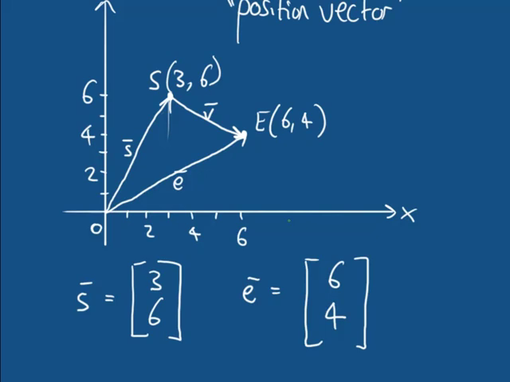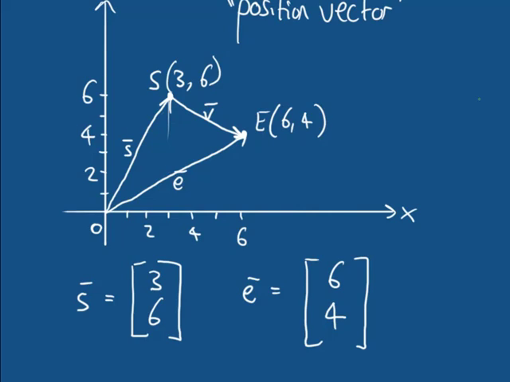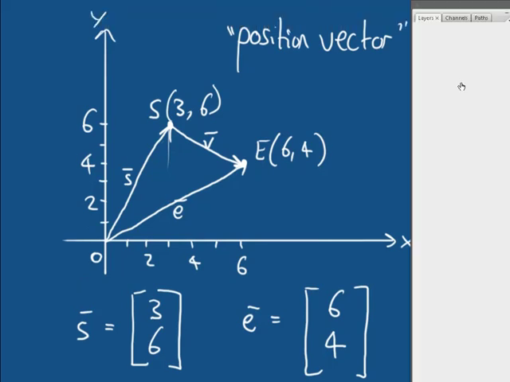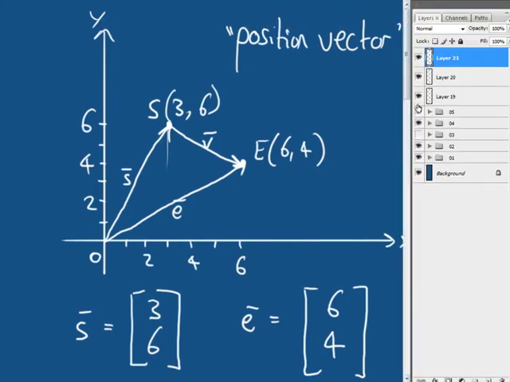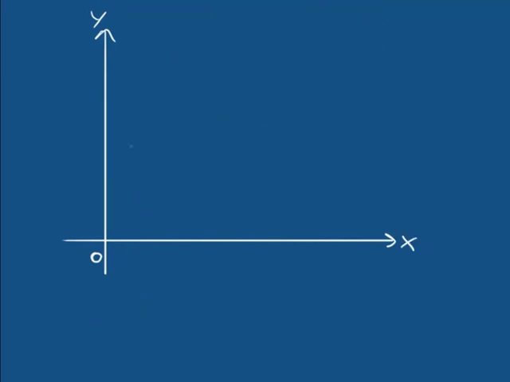I'm going to set one test question really to see if you understood the concepts at hand, both in terms of position vectors and how we can use position vectors to find a vector that travels between 2 points. So I'm going to bring up a new layer, hide out everything that we did there, but keep my axes, and I'm going to define 2 points in space.